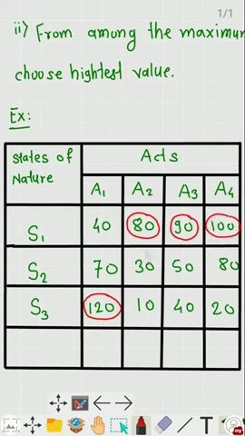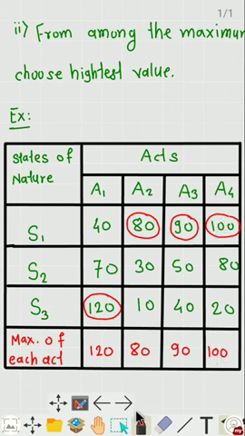In the last row we write the maximum of each act: 120, 80, 90, and 100.